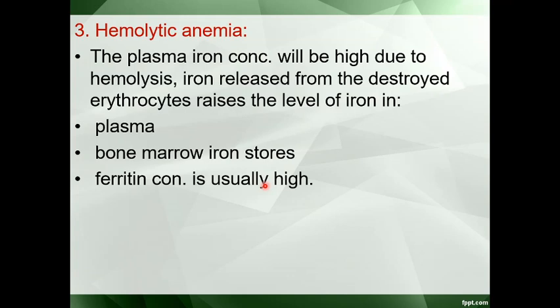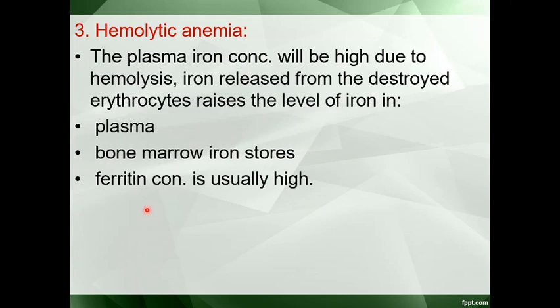Hemolytic anemia: the plasma iron concentration will be high due to hemolysis. Iron released from destroyed erythrocytes raises the level of iron in plasma, bone marrow stores, and ferritin concentration is also high.